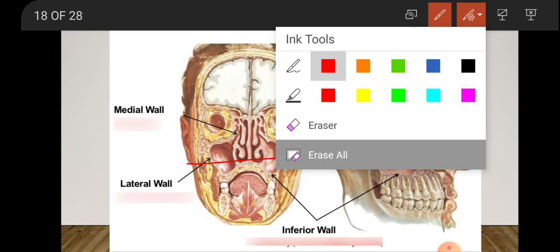And then you have this posterior wall, which is related to the infratemporal and the pterygopalatine fossa. The medial wall is related to the lateral wall of the nasal cavity. You have the anterior wall, and you have the roof.